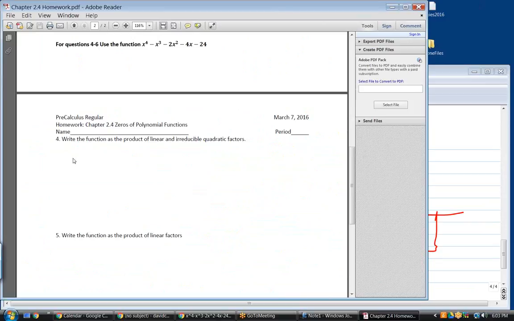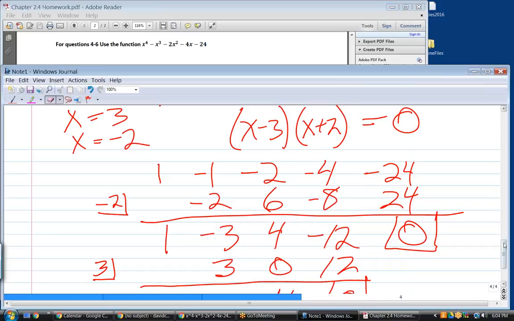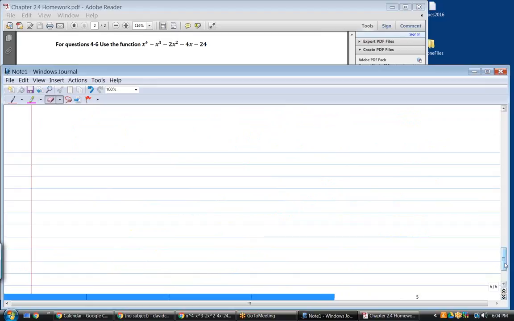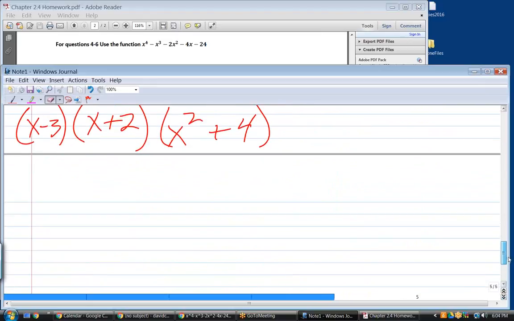In this function, I'm going to leave Wolfram. Write the function as a product of linear factors. In other words, now they want you to write it with all four factors. Take it down to not an irreducible quadratic, but how does that quadratic factor?